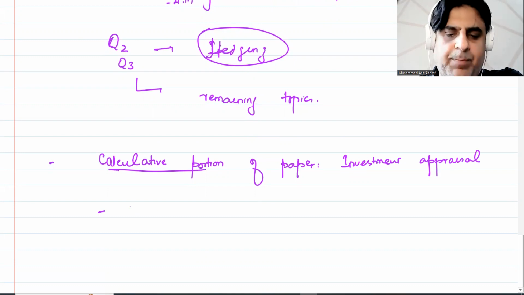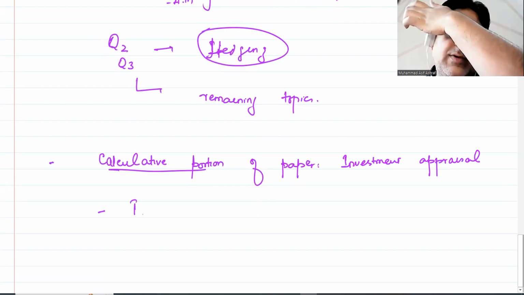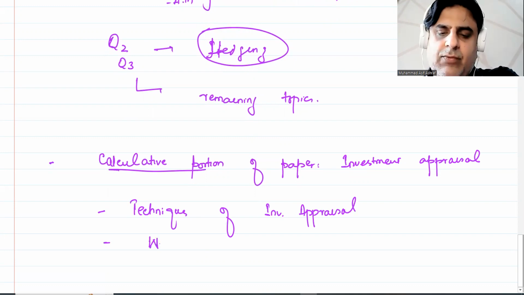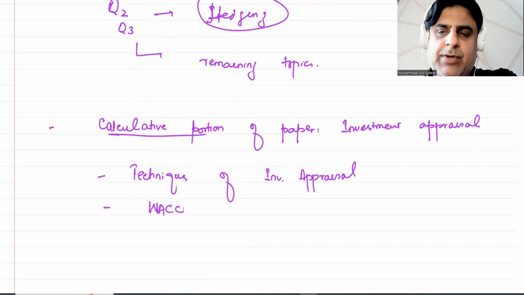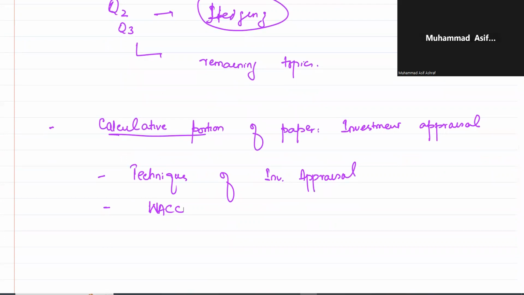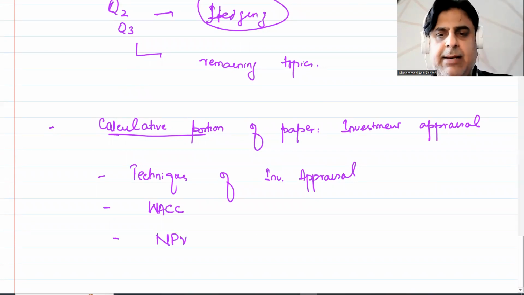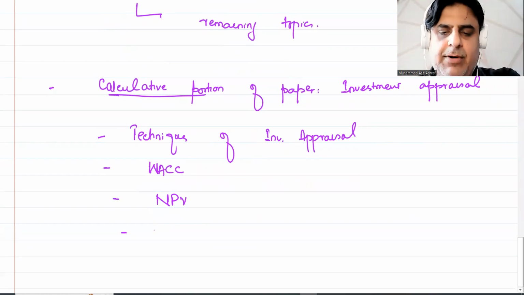The first topic would be the basic topic, techniques of investment appraisal. First of all, we will cover those topics. Then we will proceed towards cost of capital calculations. And thirdly, we will conclude them in finding the NPV of the project.